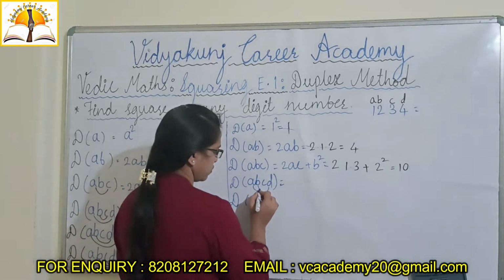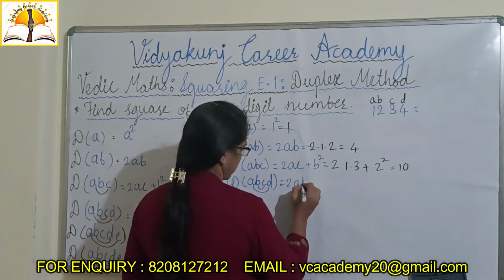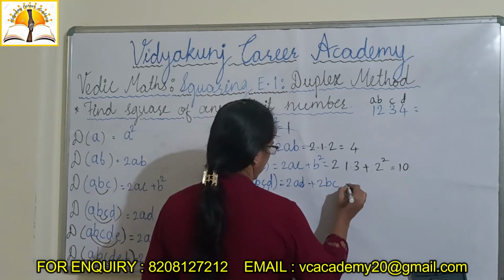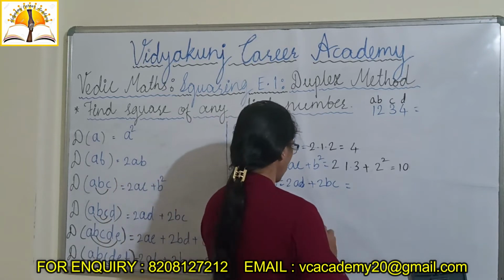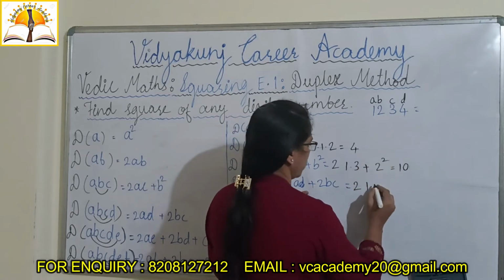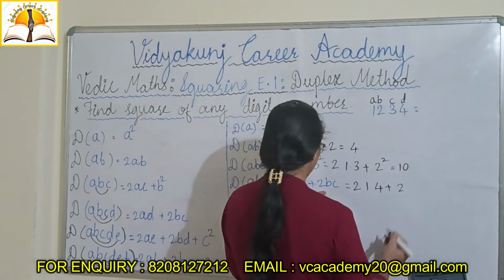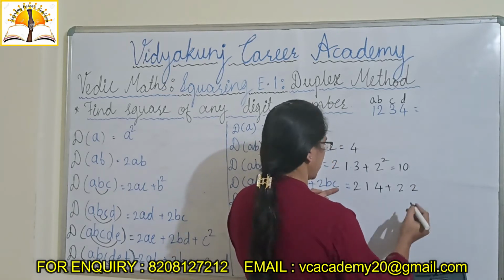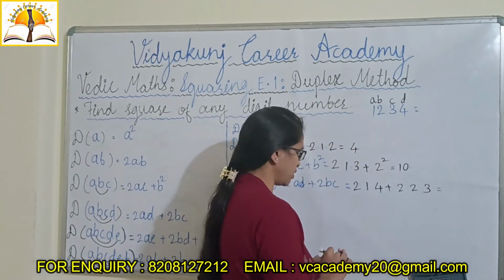We have to do this one. 2 AD plus 2 BC is equal to, we have to write 2 A means 1, D means 4, plus here 2 as it is I will write, B means 2 and C means 3.